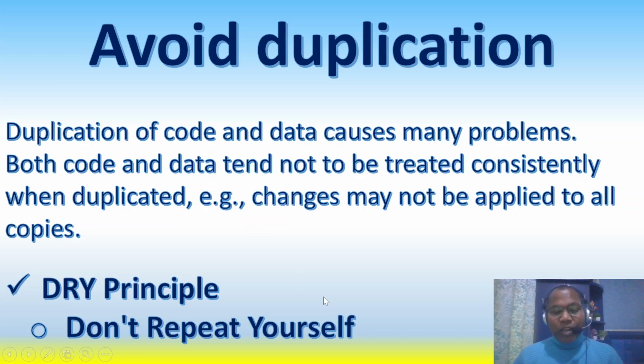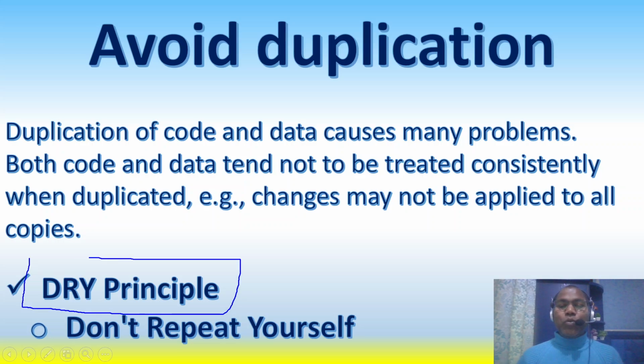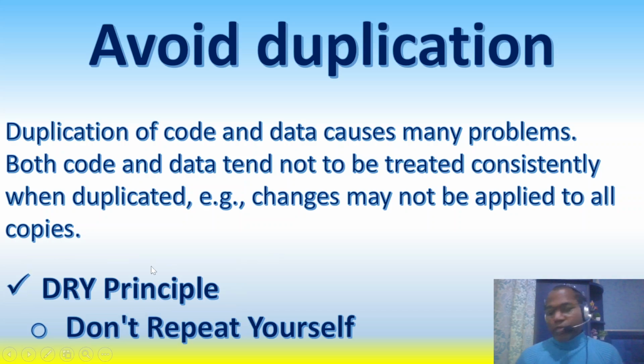So hope it's clear: as a developer, we have to avoid duplication, and the good principle name given is the DRY principle, do not repeat yourself. That's the basic thumb rule as a Java software engineer we have to follow. Next rule.